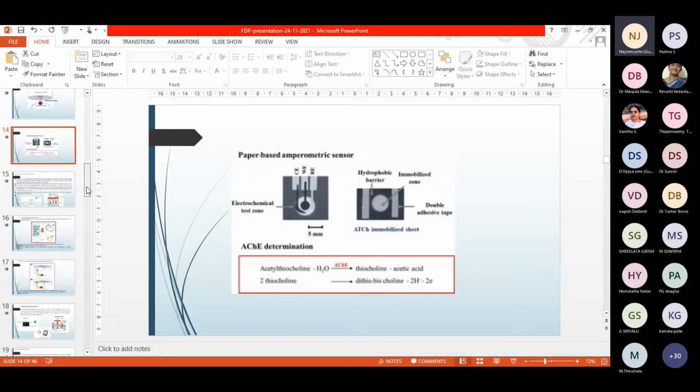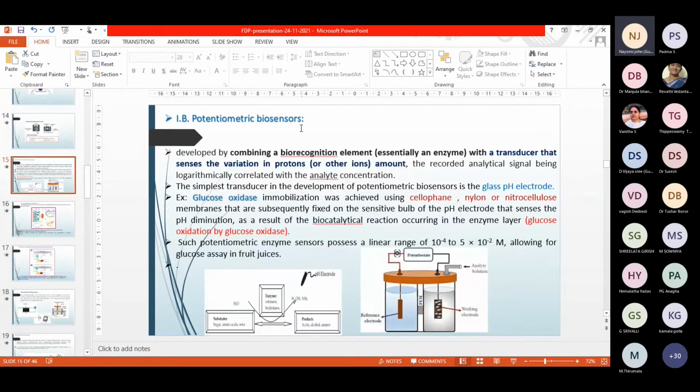Moving on to the other type, the potentiometric biosensors. Here the change is detected due to the release of hydrogen ions, or there is a change in the hydrogen ion concentration. So here one example we can see: substrates, sugars, or the amino acids, or the esters. The enzyme is immobilized on the transducer surface.